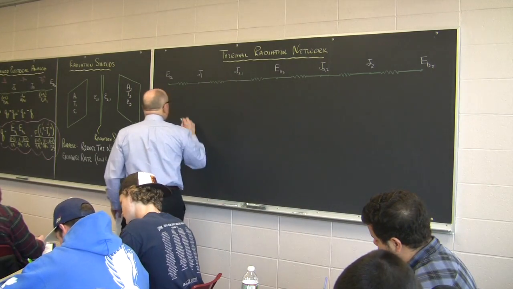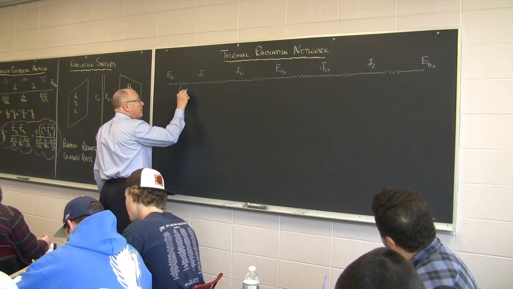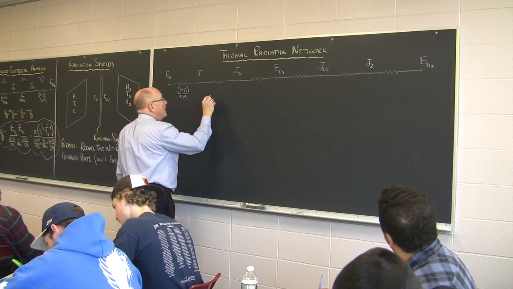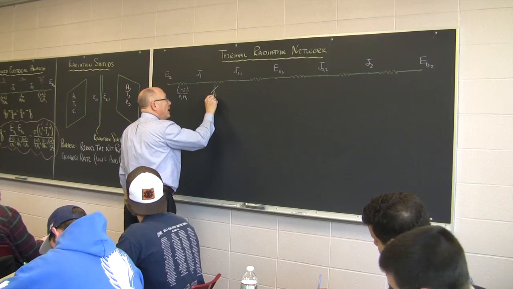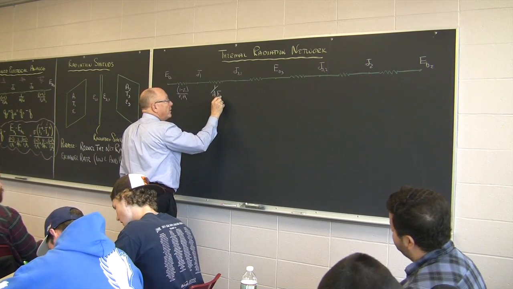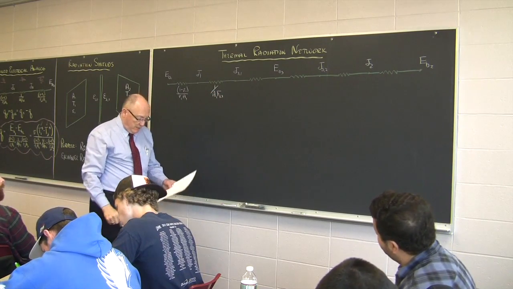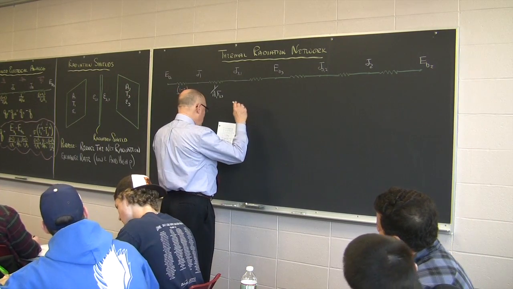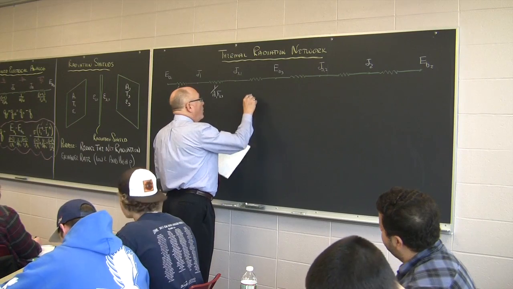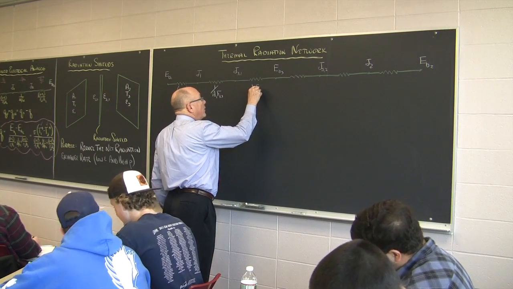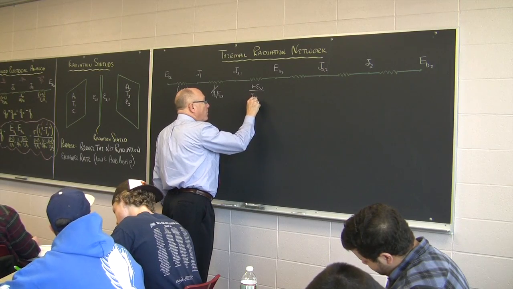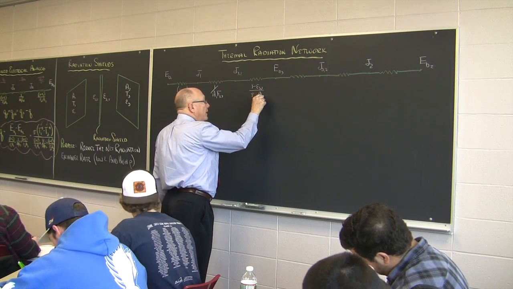And we'll have (1 minus epsilon 1) over epsilon 1 A1, then 1 over A1 F1-3. We'll assume the same on both sides. Then we'll have (1 minus epsilon 3,1) over epsilon 3,1 A3.